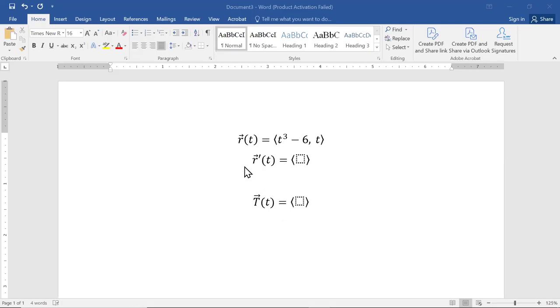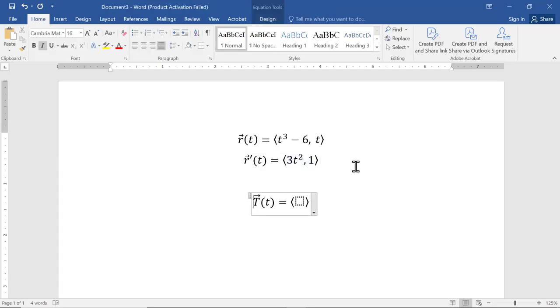So that requires me taking a tangent vector. The one we take is the derivative. So the derivative of this function is 3t squared, comma, 1. So that gives me my derivative vector.